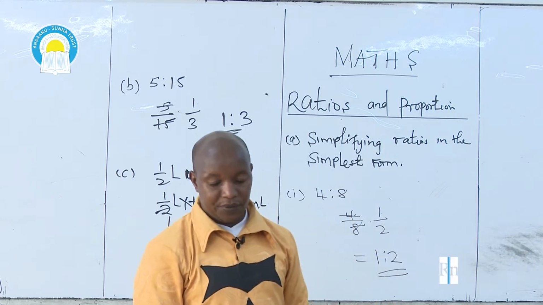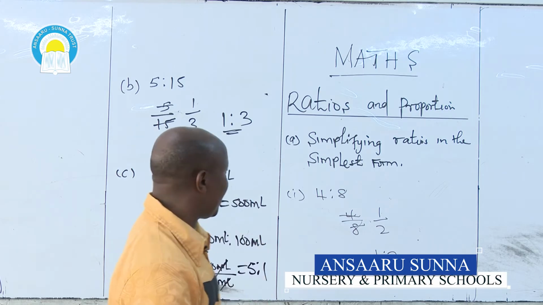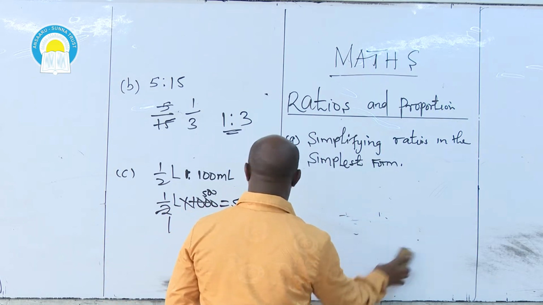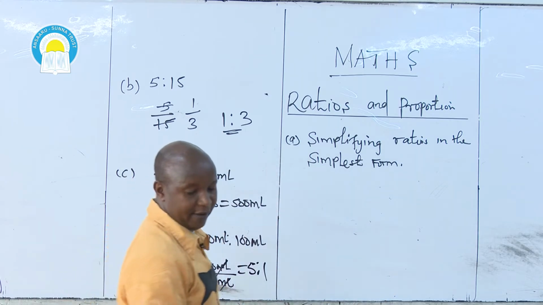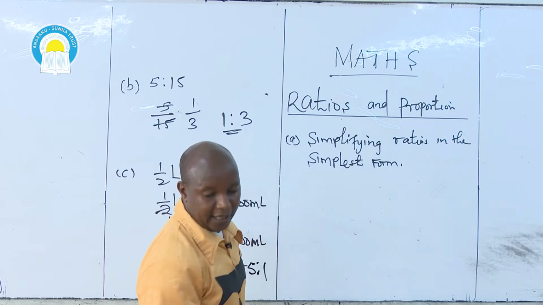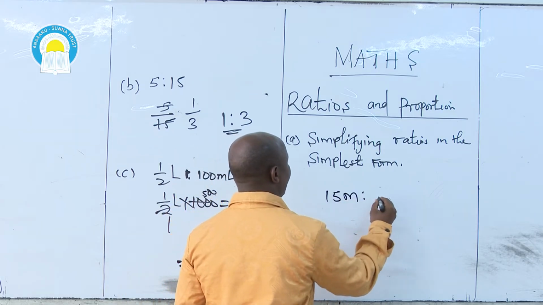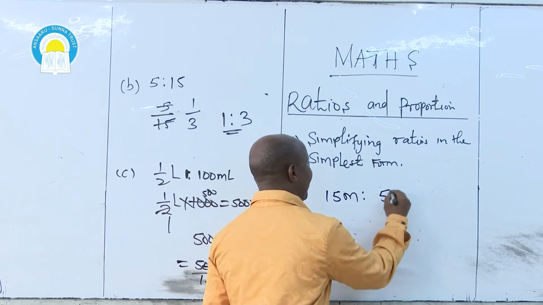Another example, that is part D now. You are given 15 meters ratio to 5 kilometers.